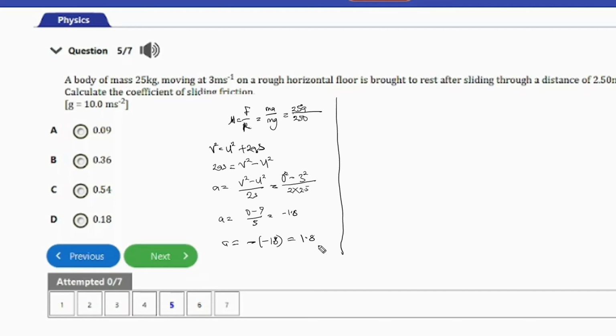So acceleration here is 1.8. So if we input these into the overall equation we had earlier on, that's 25 times 1.8 over 250. So guys, that will give us 0.18. So that's it for this question. Option D is the answer to this question.